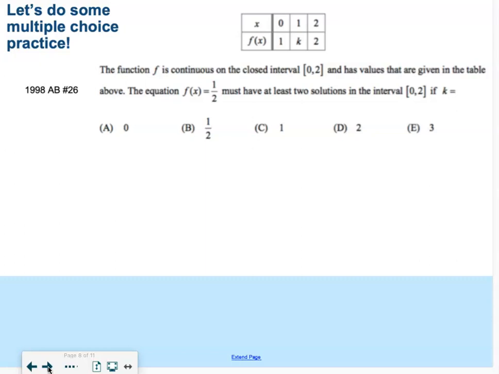Now, it doesn't look like an IVT question, but this is an IVT question. But if you don't even know the IVT, you can still get this. My suggestion to you is to sketch a quick little picture and think about it, discuss, all right? Take a minute, discuss in your groups, see if you can figure it out. Go.